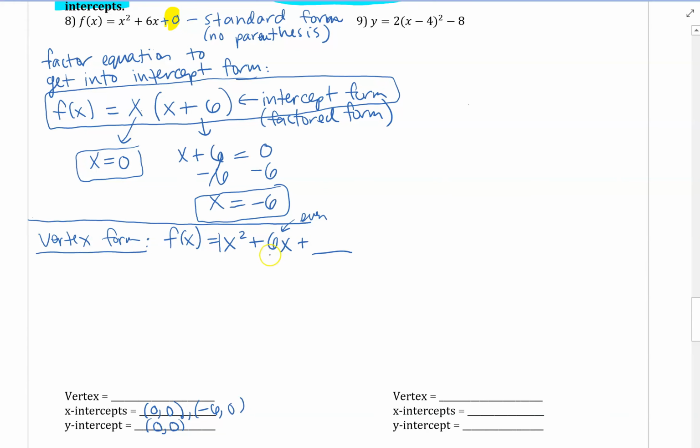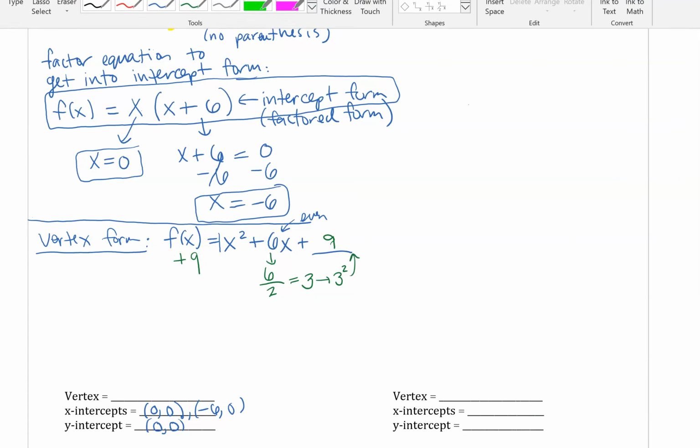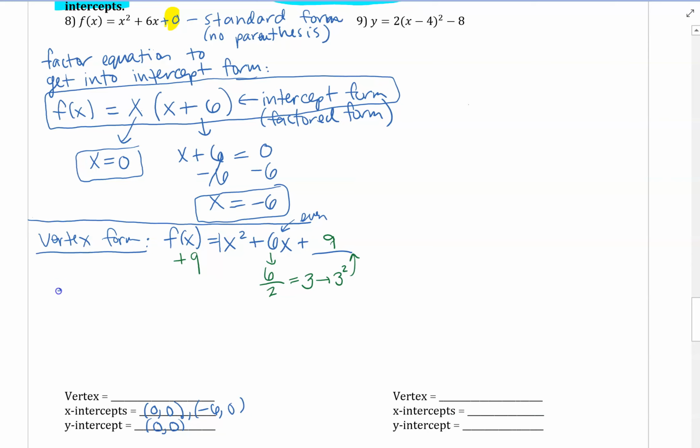Remember, to complete this square, I take that middle number, b, divide it by 2, and then square the result and add that number to both sides. So I've basically completed the square on the right side, and then on the left side I'm just balancing out the equation by adding that same perfect square to both sides.